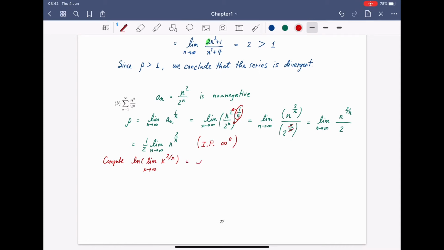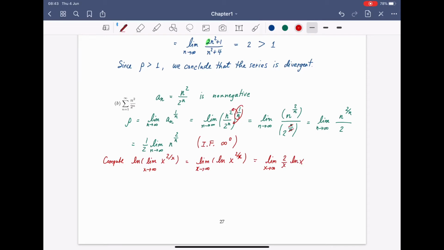Then this is the limit of log, so we can swap the limit and log. We have done this several times, so you should be able to do this on your own now. You just need to compute the limit of 2 over x times log x.